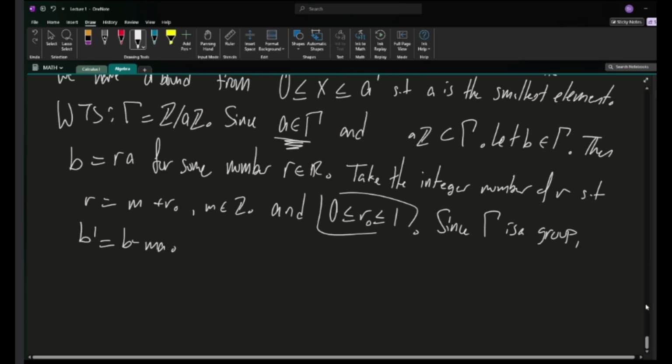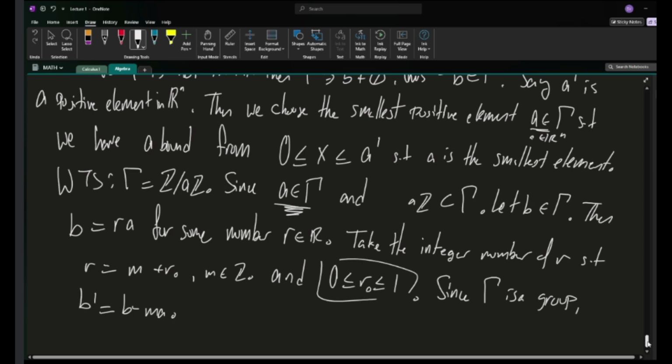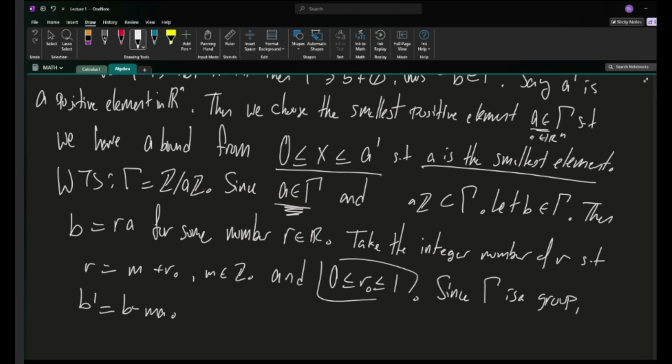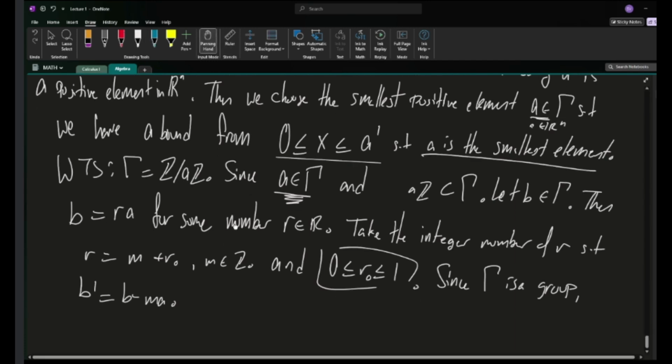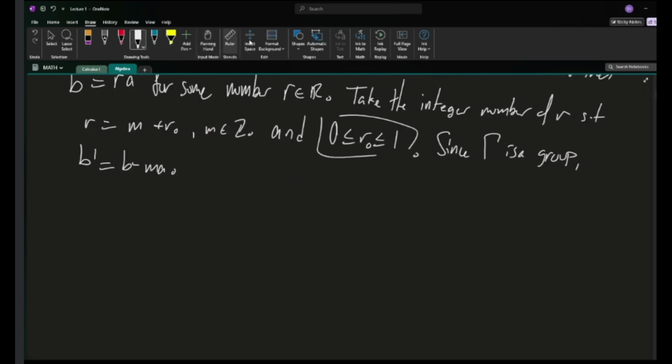If we recall earlier, we have MA being the smallest element within this boundary. We're just taking the integer partition of A such that we're now just left with B prime at the end.